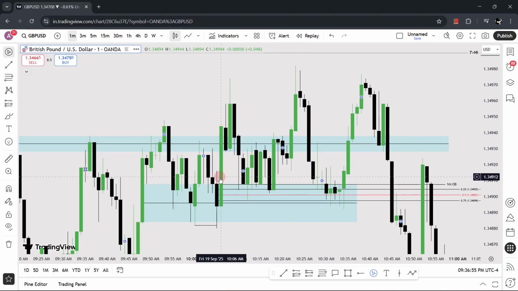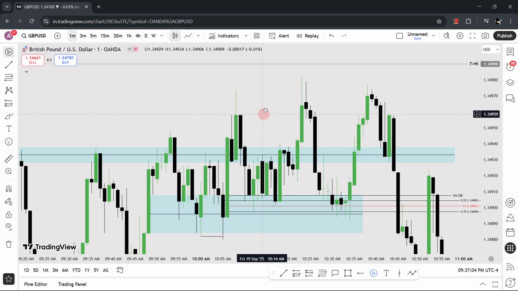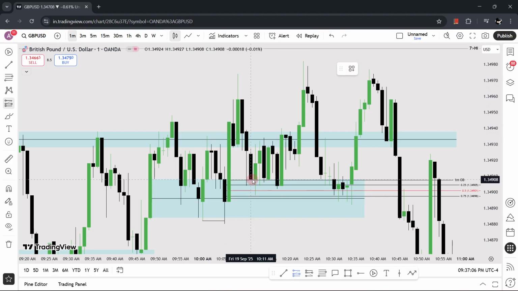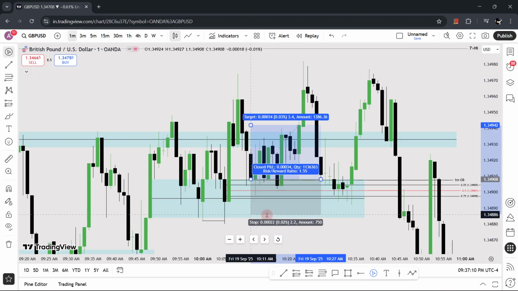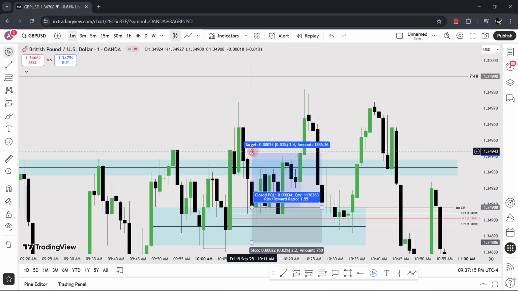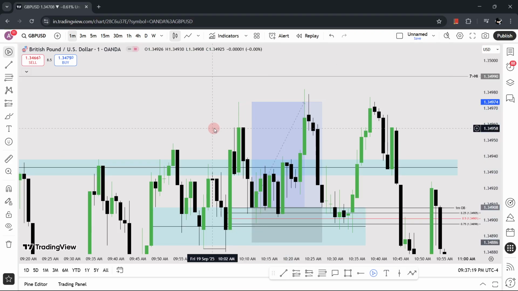So if you take an entry from here, your target should be around this high. Making the stop loss below the 50% level of the order block candle, targeting this wick high.